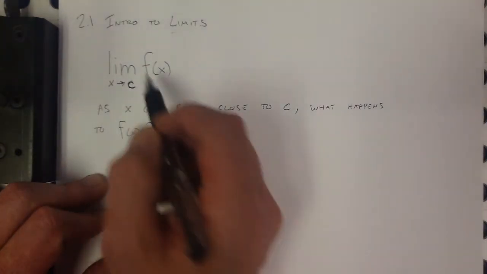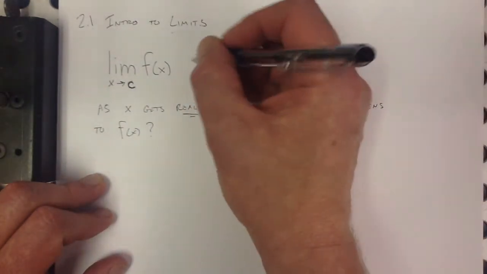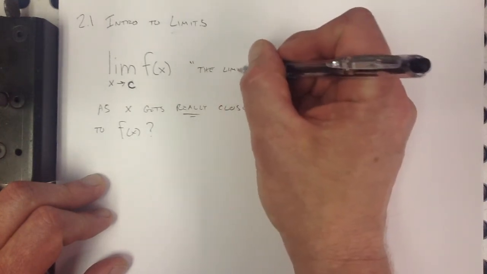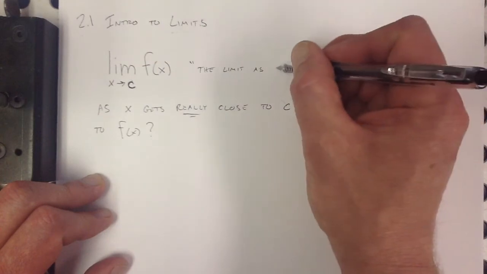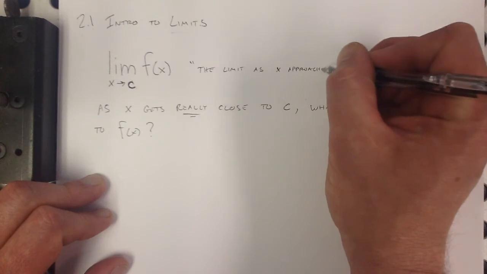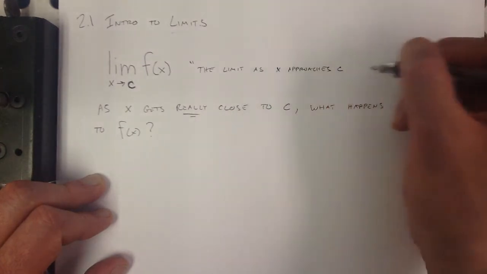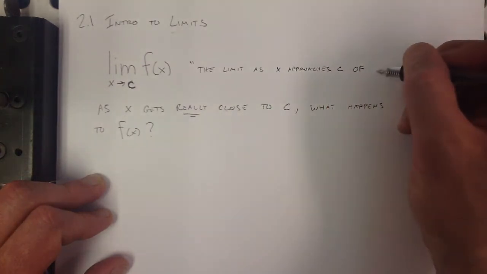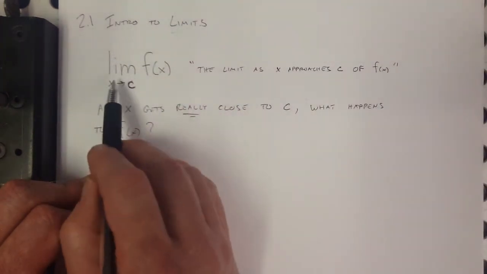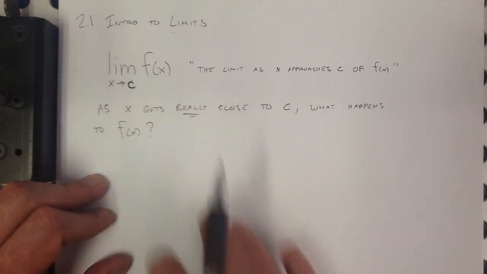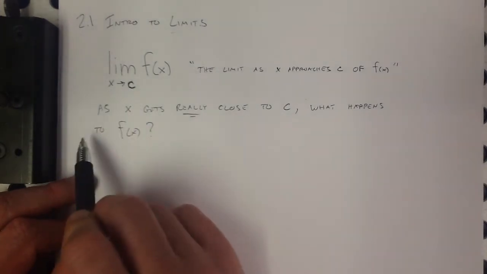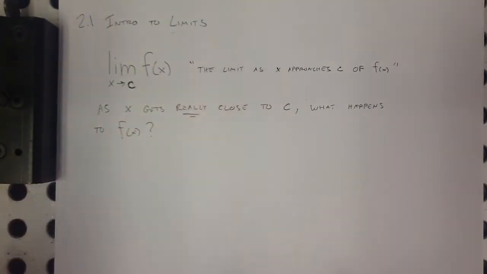We read this as: the limit as x approaches c of f of x. And again, that's asking, as x gets really close to c, what happens to f of x?